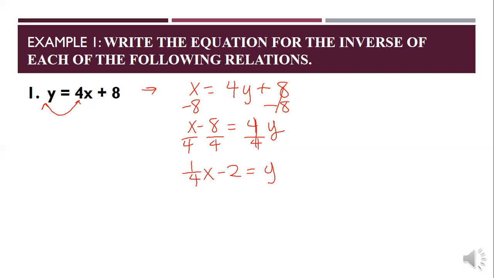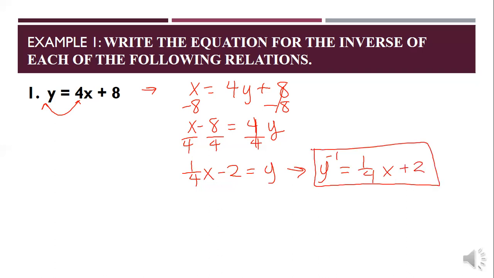Okay? The last step is to write it in inverse notation. So writing it in inverse notation literally means I'm now writing y inverse equals 1/4 x plus 2. And that's your inverse. Oh, it's not plus 2, it is minus 2.